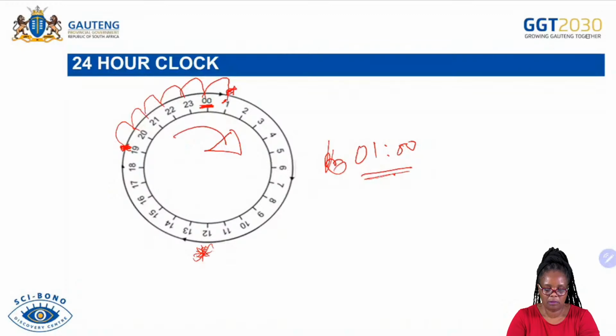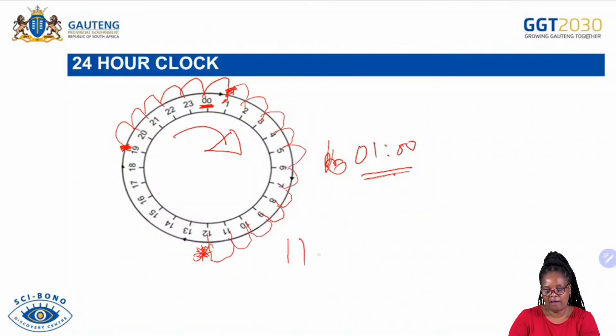Simple. Let's check the hours in between. How long did the flight take? Here it's 0. Put your finger here. It's 1, 2, 3, 4, 5, 6, 7, 8, 9, 10, 11.